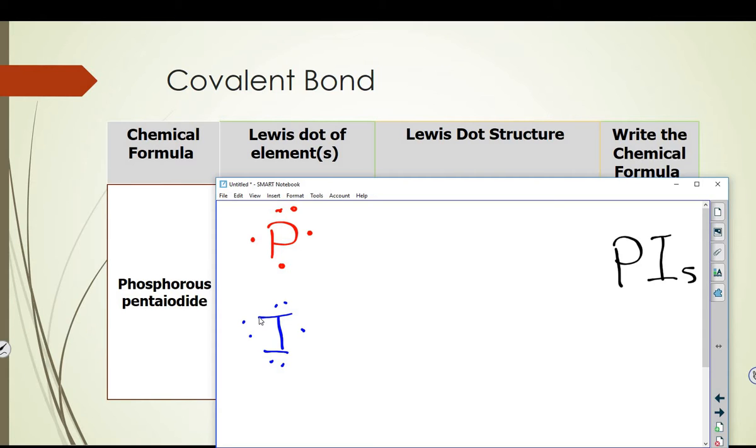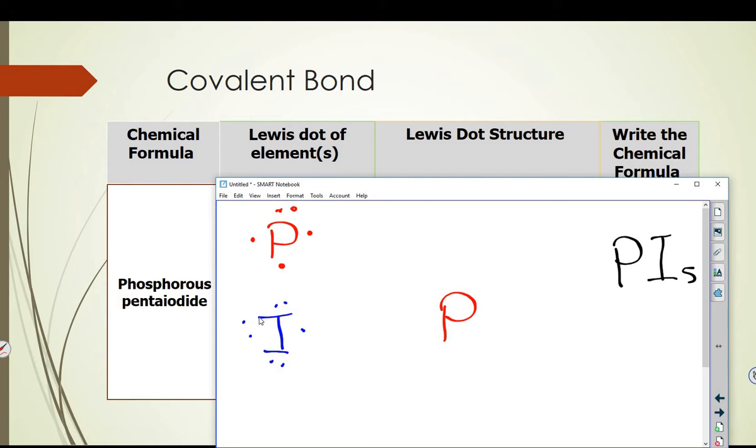Okay, so now I've got to figure out how it's going to go together. Phosphorus wants more than iodine does. Phosphorus wants at least 3. But remember, phosphorus and sulfur are the party animals of the periodic table. So they'll actually split these ones that have already been paired up and go to one by themselves. So we're going to put phosphorus in the center.